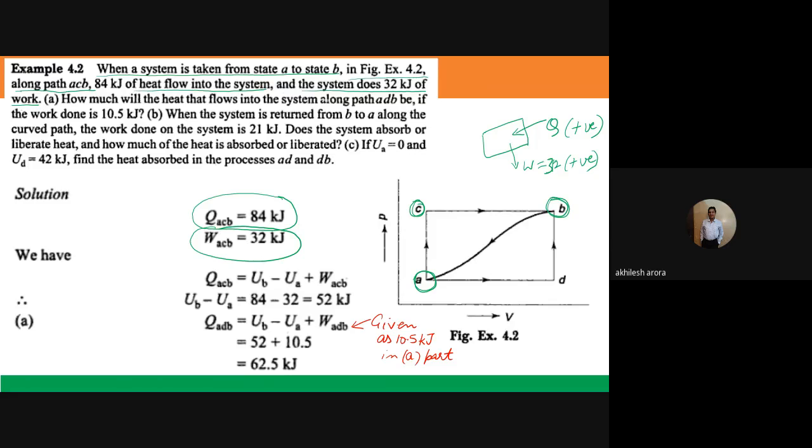Now if you see it here, this is a process from A, C, B. So it is starting from a particular point A, passing through point C, and then ending at B. And I know the values of heat transfer as well as work transfer during this process. So I can always calculate the change in internal energy during this process.